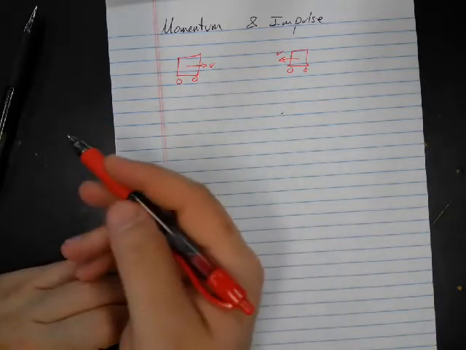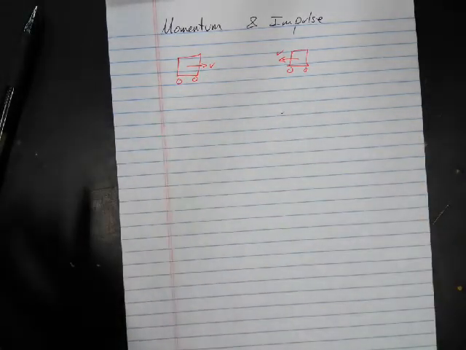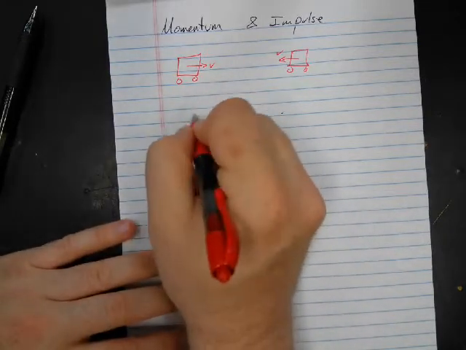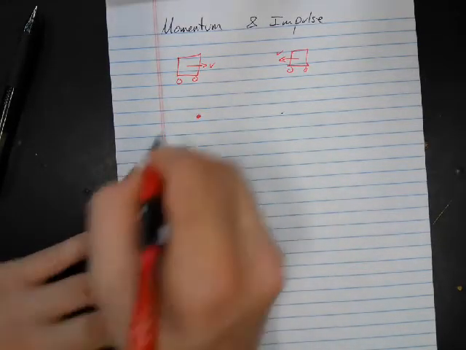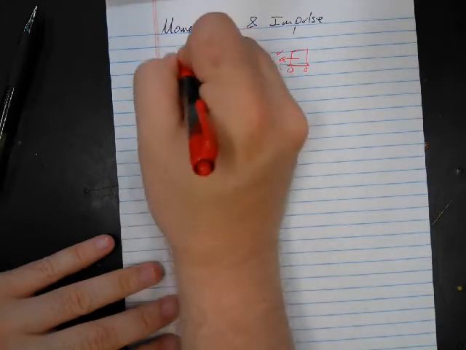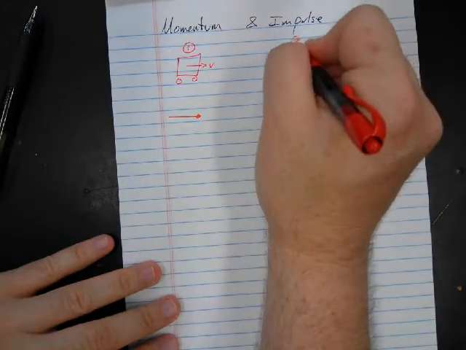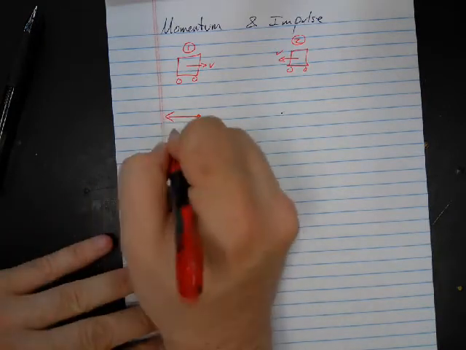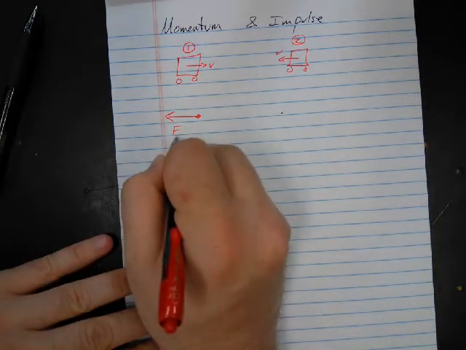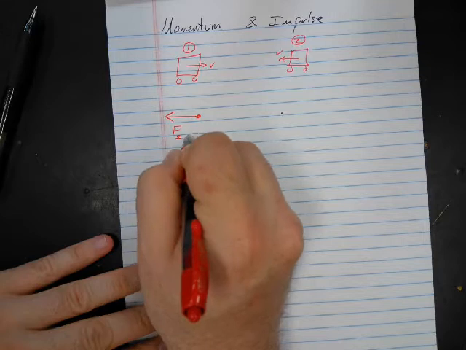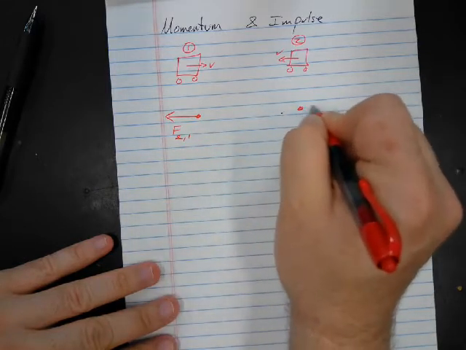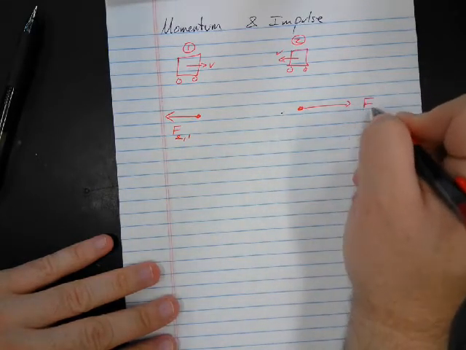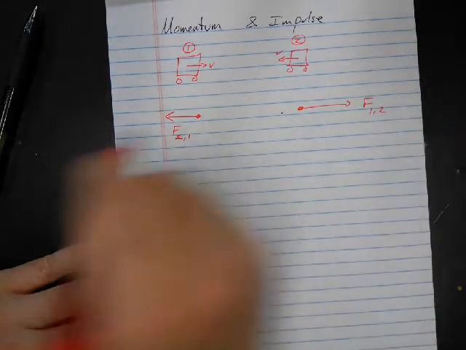It could be any sort of interaction where eventually I'm going to draw a free body diagram that has, so if I label this one 1 and this one 2, it'll have a third law pair of forces. This is going to be F by 2 on 1, and over here there will be F by 1 on 2. Right.